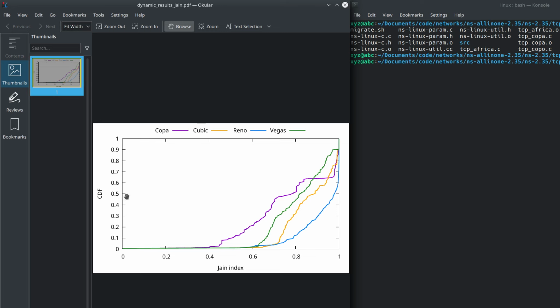So one way of reading this plot is, for 0.5, it means that 50% of the time we have an allocation above 0.8 for Copa, and the other 50% of the time, the allocation is below 0.8.